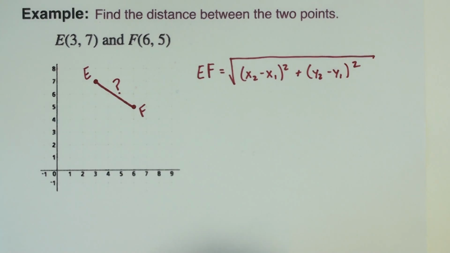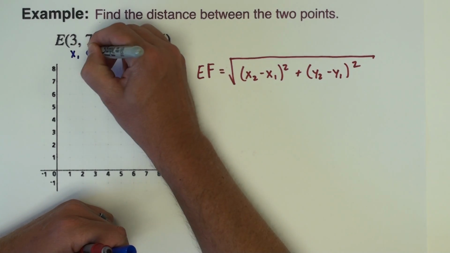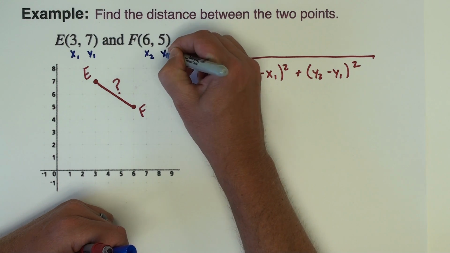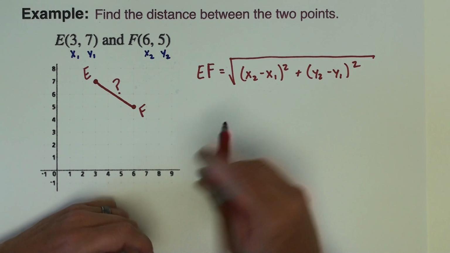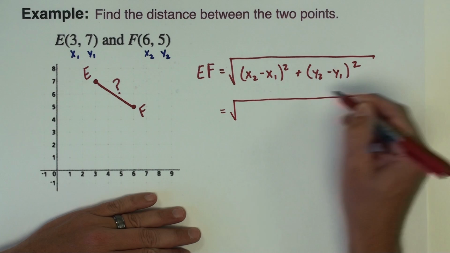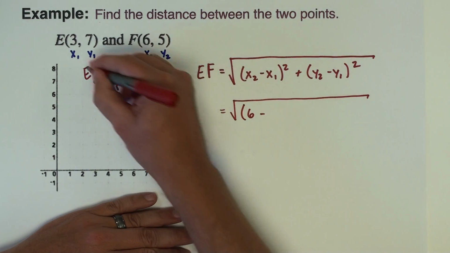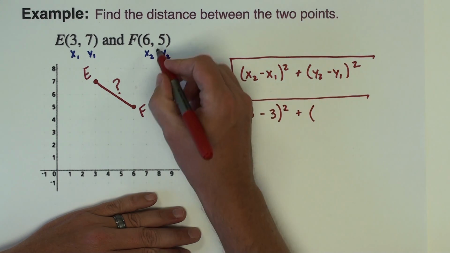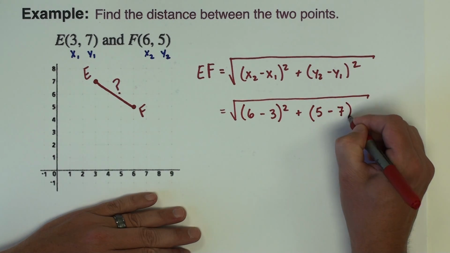Okay. So with my formula, this point right here could be x1, y1. This point could be x2, y2. And all we're going to do is put those numbers into the right spots. Okay, so x2 is labeled as 6 minus x1, which is labeled as 3. Square that. y2 is 5, y1 is 7.